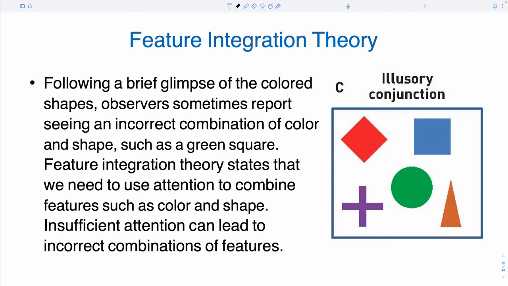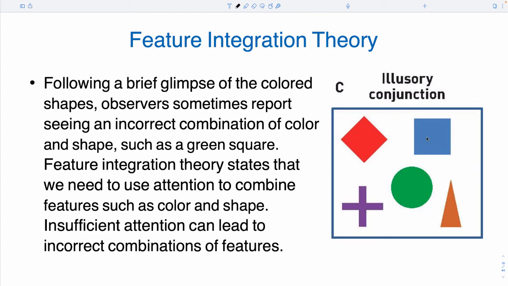And so Anne Treisman looked at how people process shape and color, for example, and she showed people very brief glimpses of these colored shapes. And she noticed that the participants sometimes reported seeing, for example, a green diamond, or a blue circle, or an orange square.